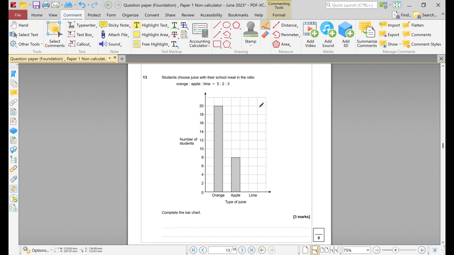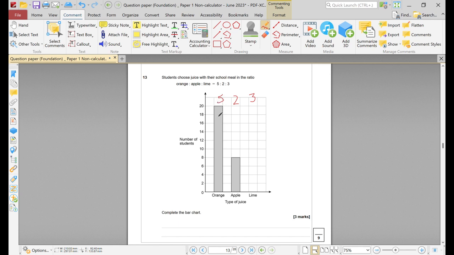5, 2, 3. Well, you can either look at this on the left, or you could just think that's 5, that's 2, 3. What we're going to do here to make that look like 3? Well, if that's 2 and that's 5, it's going to be around here. Let's see.